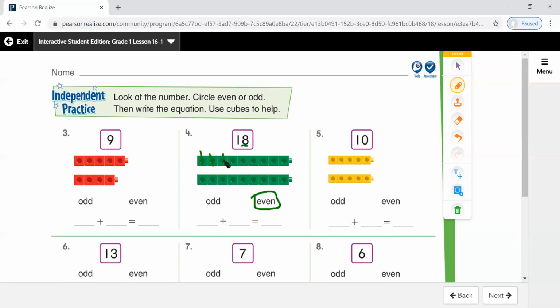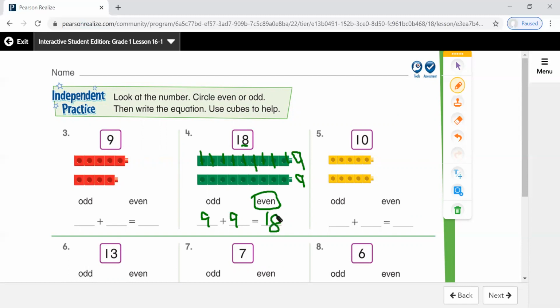1, 2, 3, 4, 5, 6, 7, 8, 9. So here also we have 9. What's the equation? The number of cubes in each group, which is equal 18.